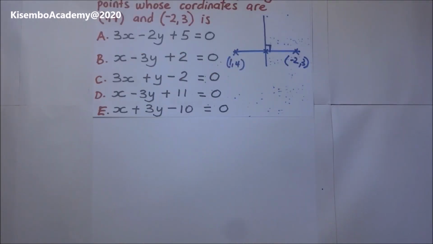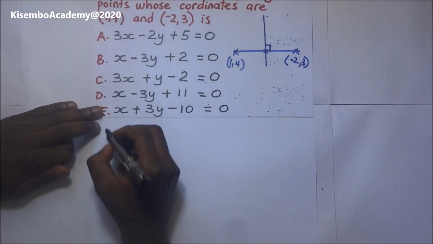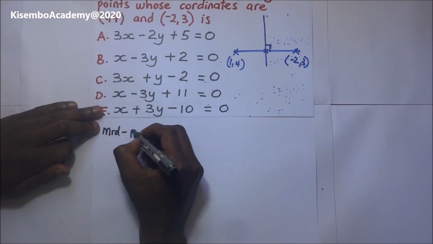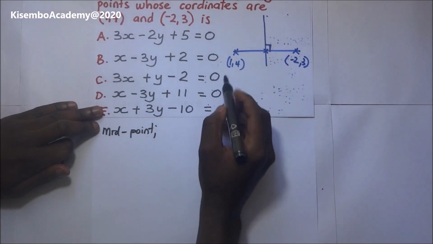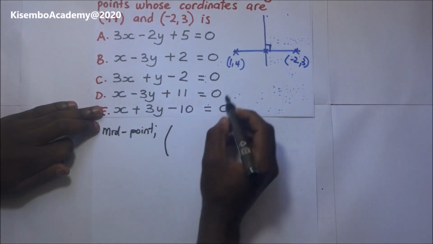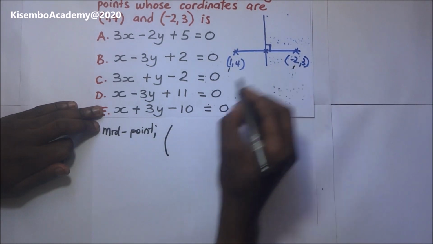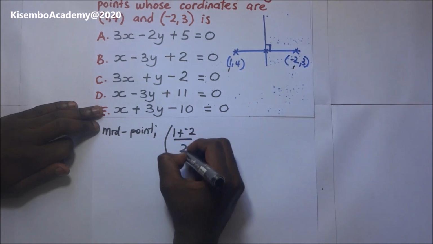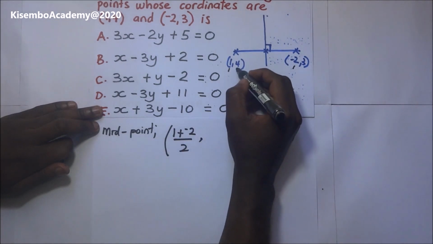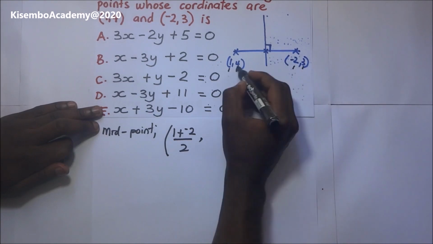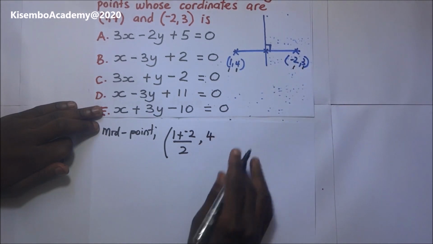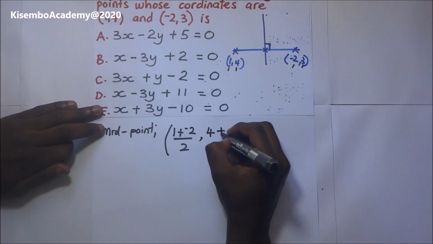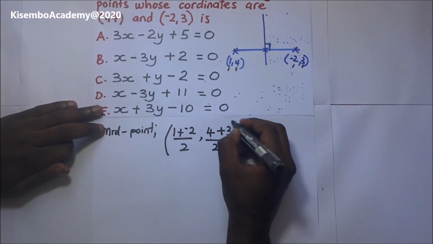So to start it off, let's first find the midpoint of this line. The midpoint is going to be x1 plus x2 divided by 2, so 1 plus -2 divided by 2, comma, then y1 plus y2 divided by 2, so y1 is 4 plus 3, divided by 2.